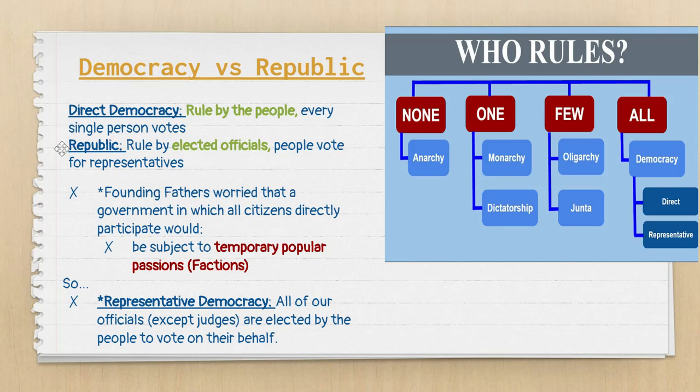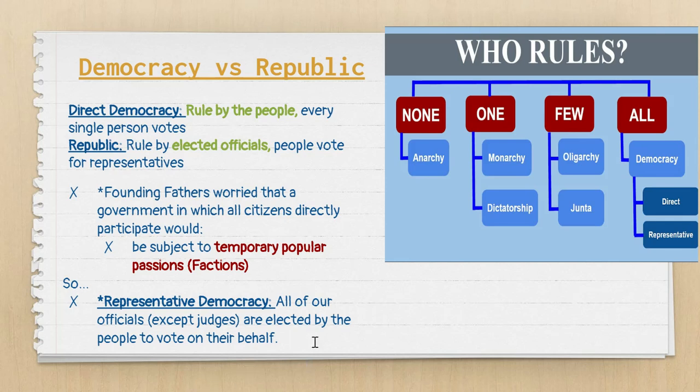So we were, again, kind of right in the middle. We weren't a direct democracy, but we weren't necessarily a republic. We were right in between, a representative democracy. So what we have is we have somebody who we elect, who goes on our behalf and runs the government for us. Now, if we don't like what they do, well, then we can always unelect them or elect a new person when their term is up.